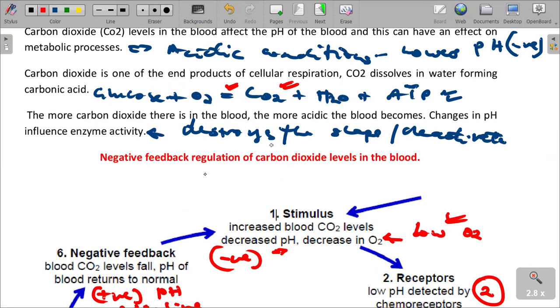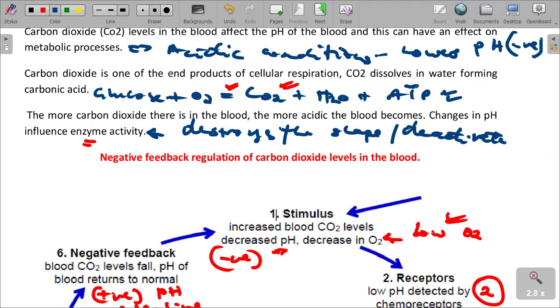So this changes the pH and affects enzyme functioning, which I mentioned in the beginning. It can destroy the shape of the enzymes. It can also deactivate some of them, because remember that they are protein in nature.